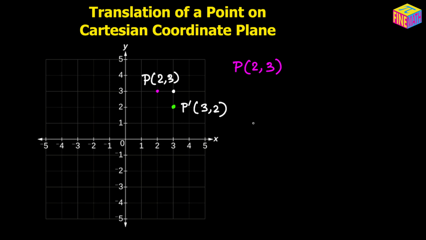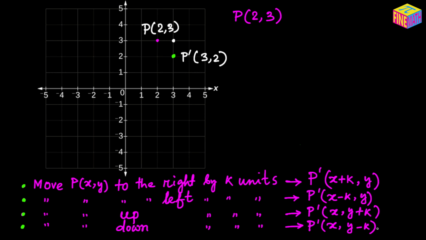So what would be the general rule then for translation? Well, let me write it down first, then we'll discuss. So here I have noted down 4 points. The first point I have said, move the point P that has a coordinate of x, y. If we move that point to the right by k units, then the coordinate of the new location would be x plus k, y, because we are moving it in the positive x direction.